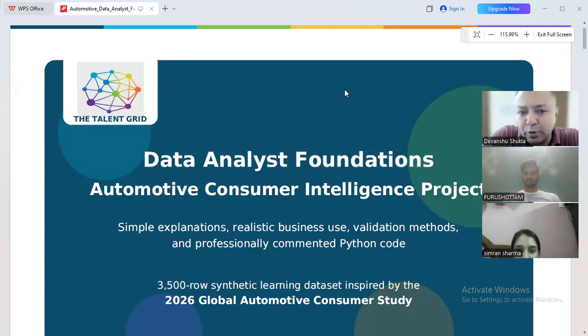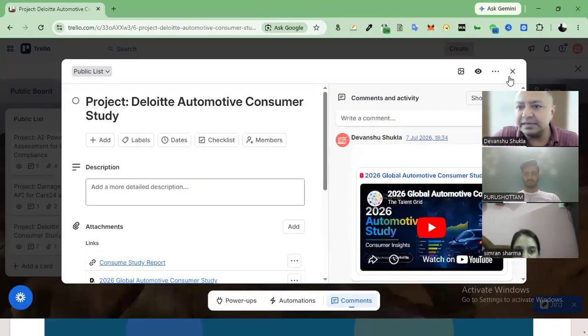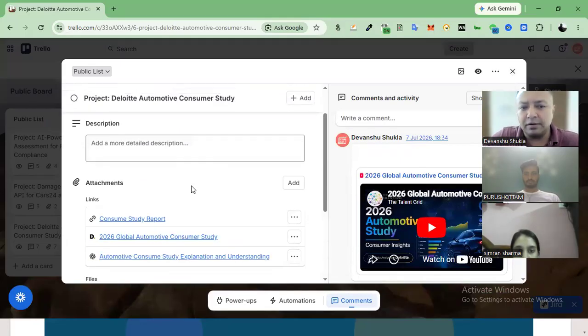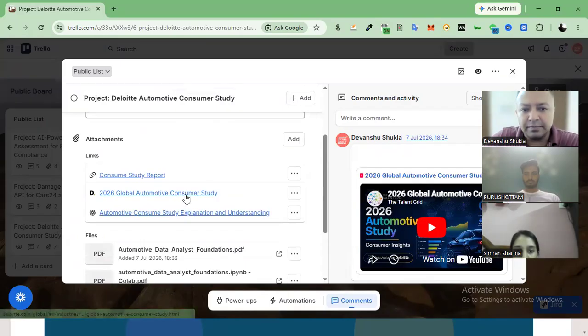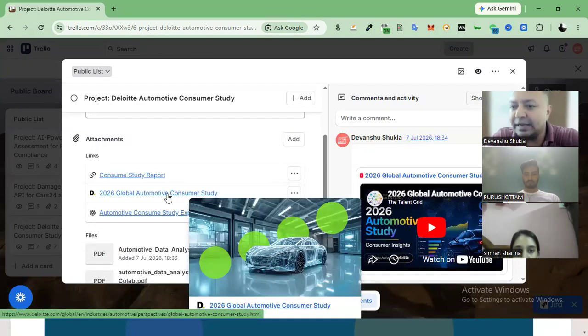So today we are going to get started with data analysis foundations for our project, Automotive Consumer Intelligence. We have already discussed in the previous round the automotive consumer study by Deloitte, what Deloitte is doing, and how they are trying to collect information across 27 automotive markets.